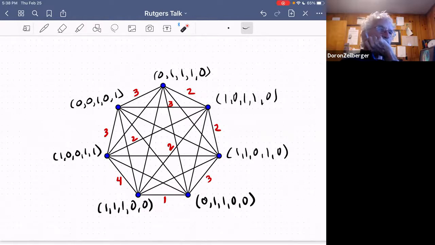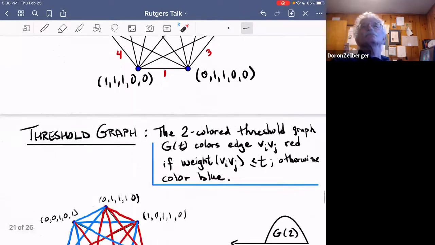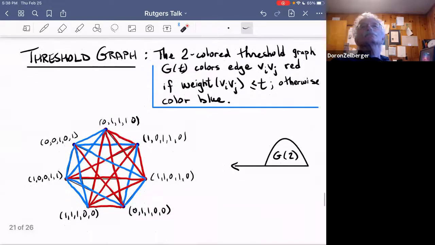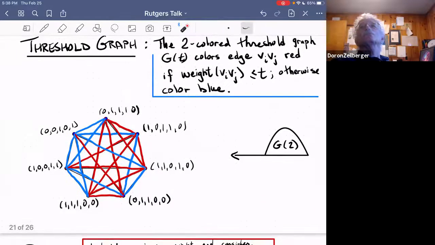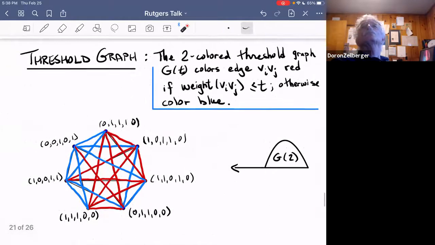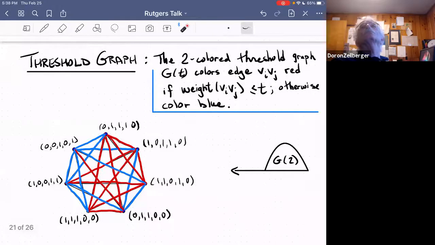Okay, so this is in preparation for what's called the threshold graph. We're looking at 2 colors, and on the edges we have this weight.